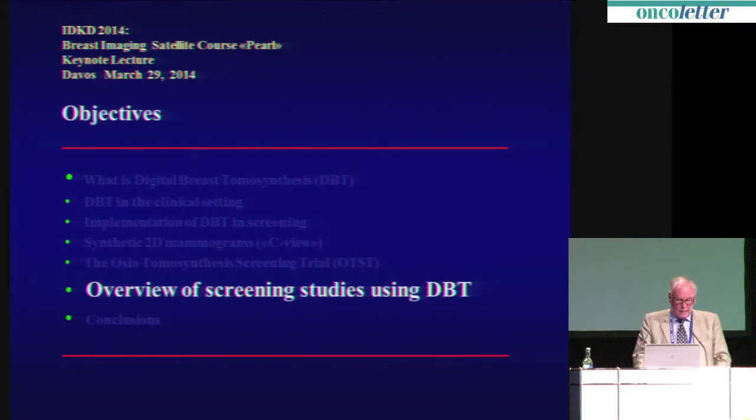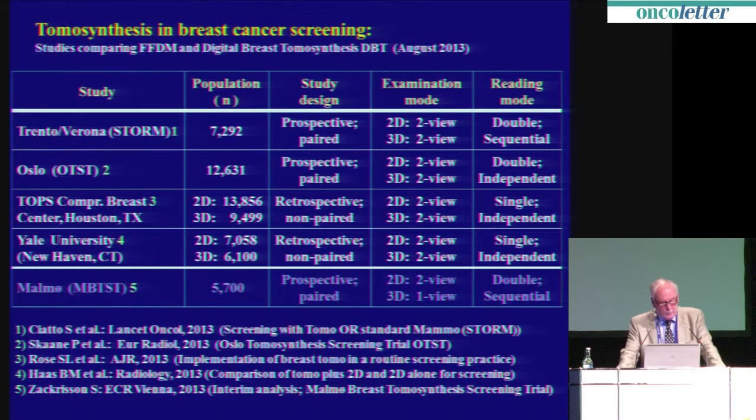There have been some publications on tomo in the screening setting so far. I will not go into detail of these studies, but you should keep in mind that the designs of these studies are very, very different, and consequently, it is very difficult to compare the results of these trials.